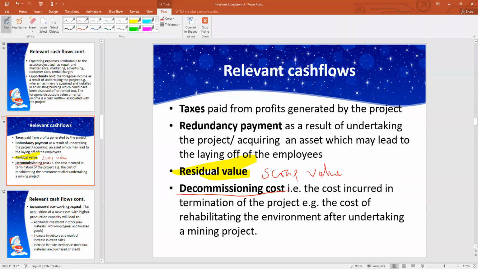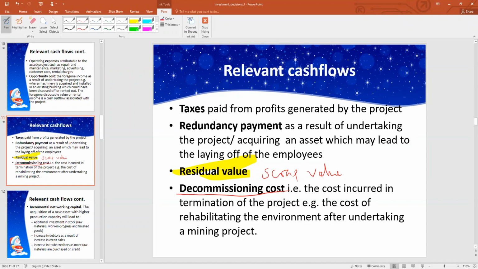If you're Bamburi, you're the one who mines cement. You extract limestone from the ground. Once you have mined that limestone, you can't leave the holes open, because they can be dangerous. You have to make good for the environment.